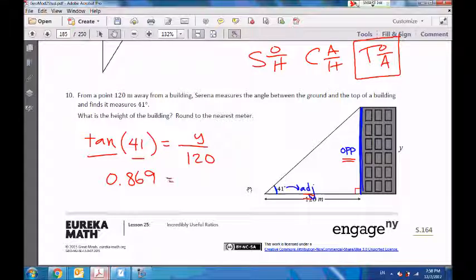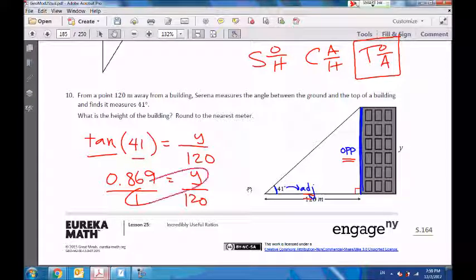Now this is equal to y divided by 120. The way I recommend solving this is by using your skills with proportions: taking that ratio and dividing by 1, which doesn't change the value, but makes it look like a ratio, so it's easy to cross multiply and find the missing length.